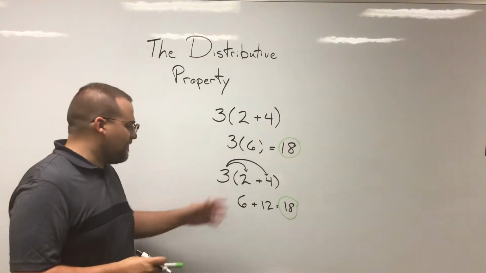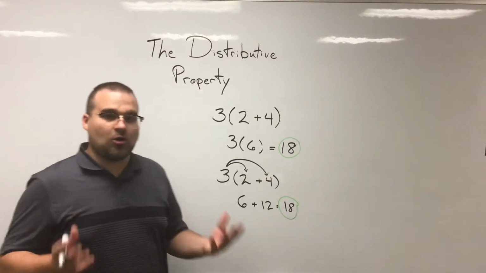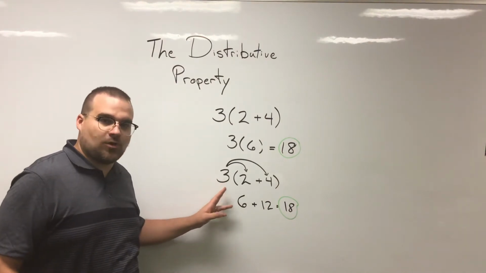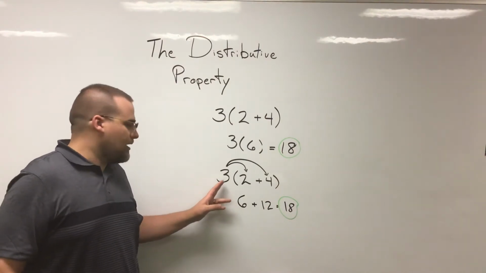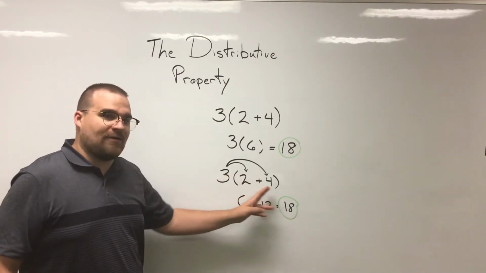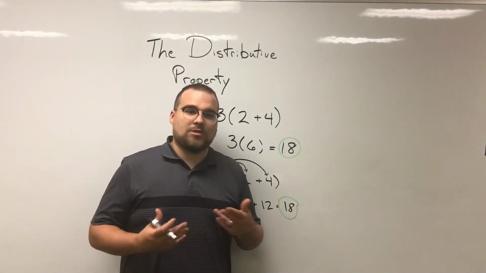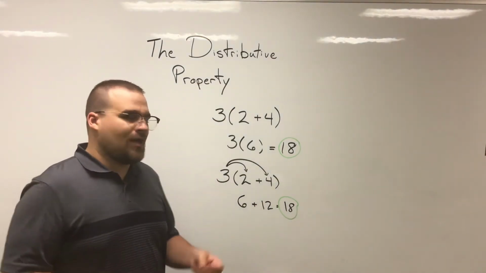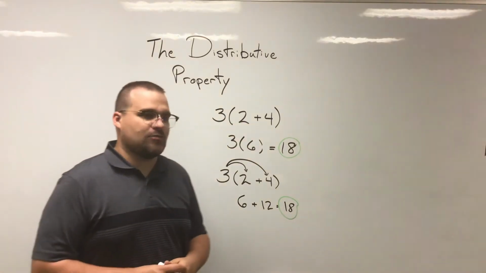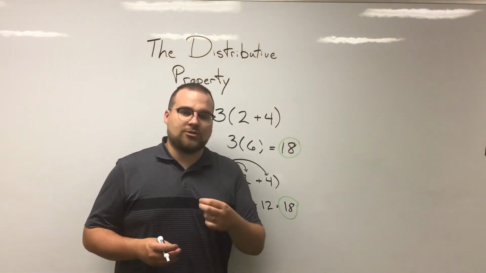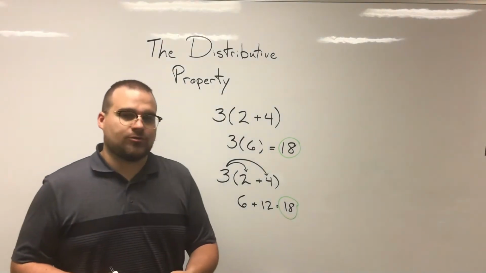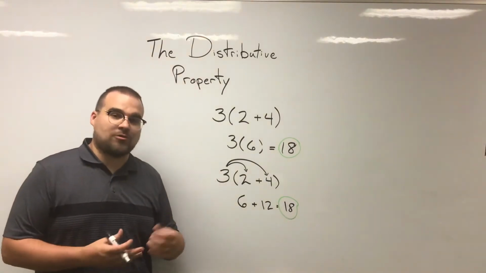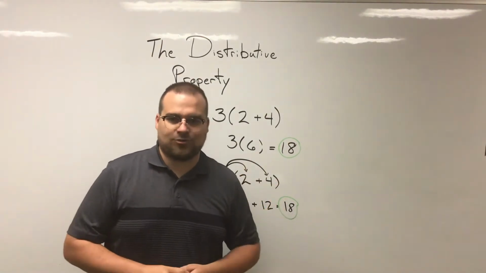Now, this is a fact that is true regardless. As long as we have a coefficient or a number on the outside of a set of parentheses and we distribute it, or multiply it, by everything inside the parentheses, we will get the same final answer, the same evaluation, as we would if we did the stuff in the parentheses first. So this is really critical whenever we introduce numbers inside these parentheses that have variables on them, like I wrote a little bit ago where I threw an x on that too, right?